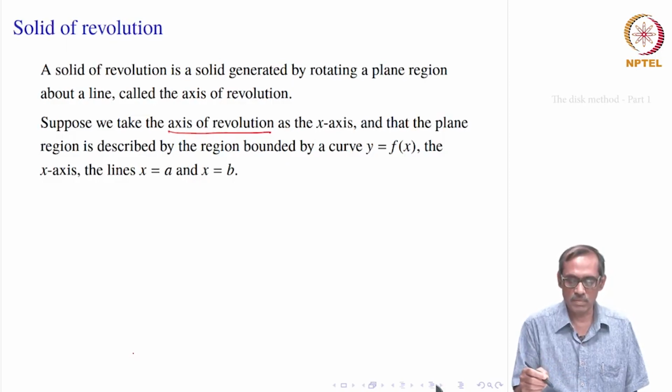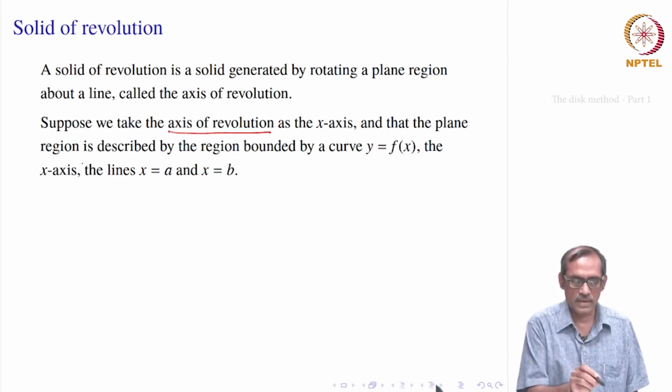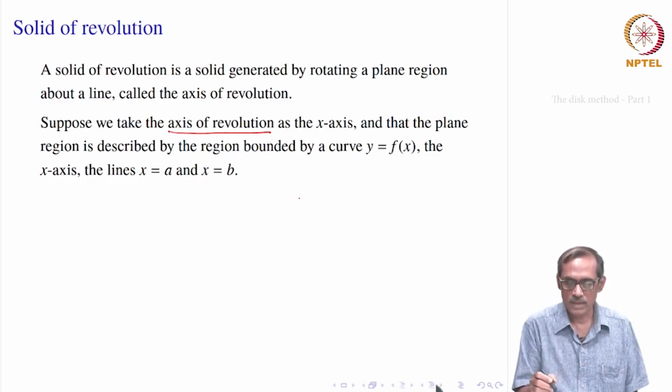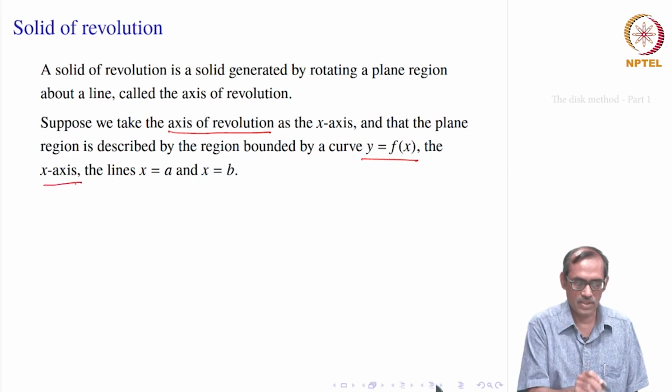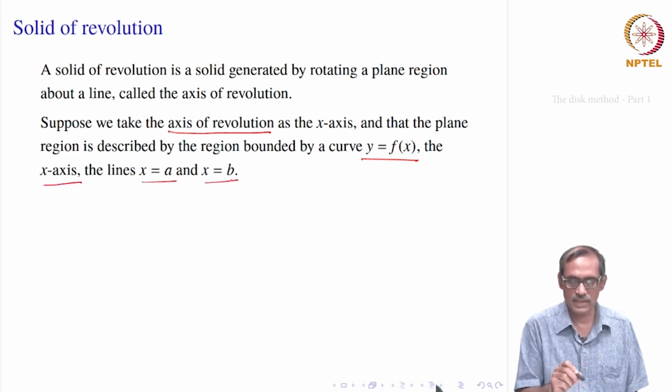Now, to make it convenient, let us take that axis of revolution, that straight line, as our x axis in the plane, and have a perpendicular y axis also in the plane. Suppose the region is bounded by a curve y equal to f of x, the x axis, and the lines x equal to a and x equal to b.